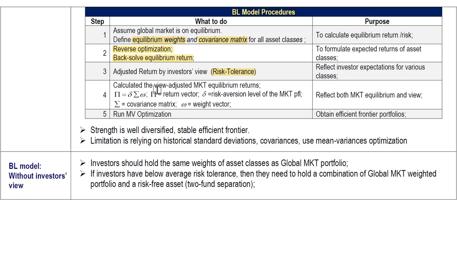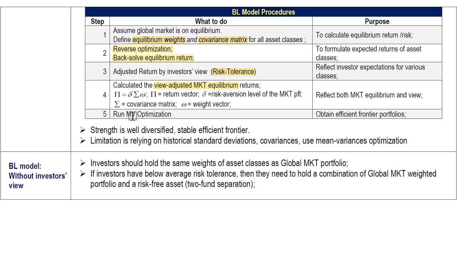So it's actually the market equilibrium return weighted average. Because we know the risk-free rate, to calculate the implied risk premium is actually to calculate the expected return on each sector. So that reflects the market equilibrium and the view.